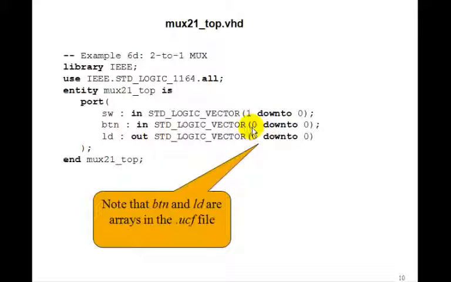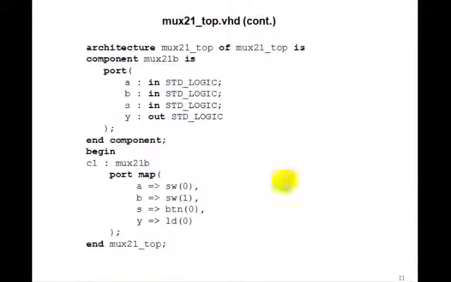Now notice that we have to put 0 down to 0 in both cases because both button and LD are arrays in the UCF file. So this will be 0 down to 0, button 0 down to 0. Then here we picked MUX 2.1b. That was where we used the if statement.